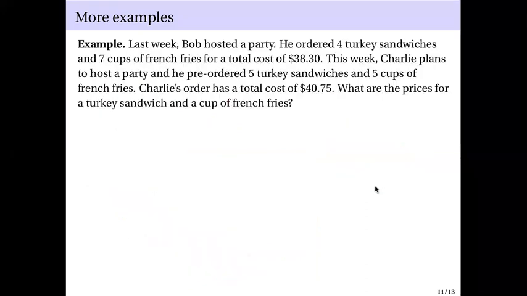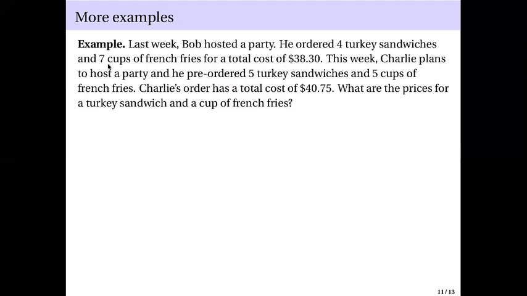Let's have the last problem. I have 10 minutes left, so let's finish this problem here and we will end the discussion after, unless you have questions, of course. Last week, Bob hosted a party. He ordered 4 turkey sandwiches and 7 cups of French fries for a total cost of $38.30.